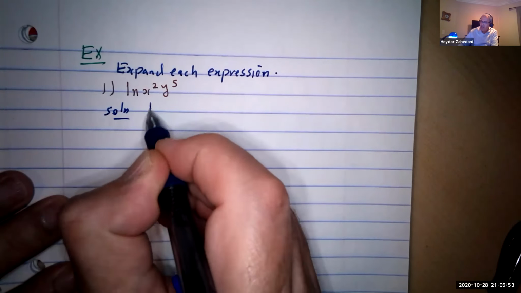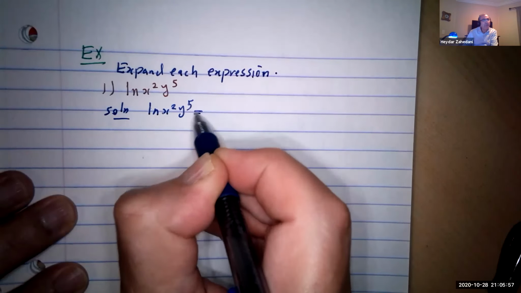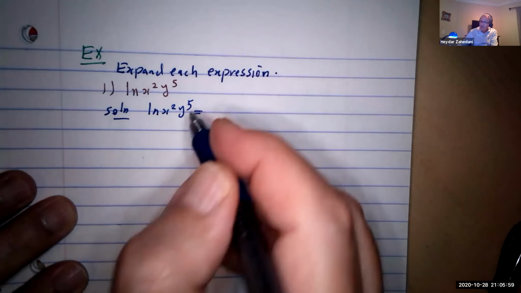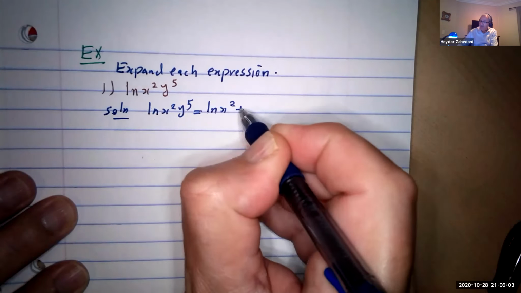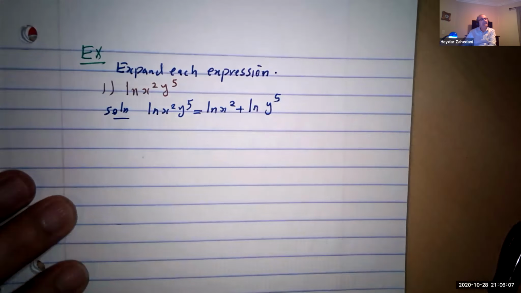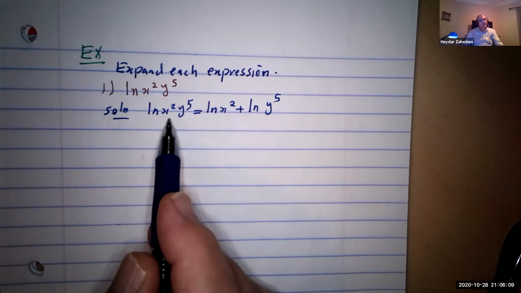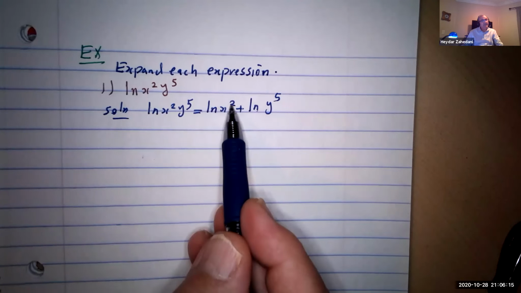So we say the ln of x squared y to the fifth is equal to the ln of the first one plus ln of the second one. Okay, it's a product, we change it to the sum. Now we can continue because we have powers.